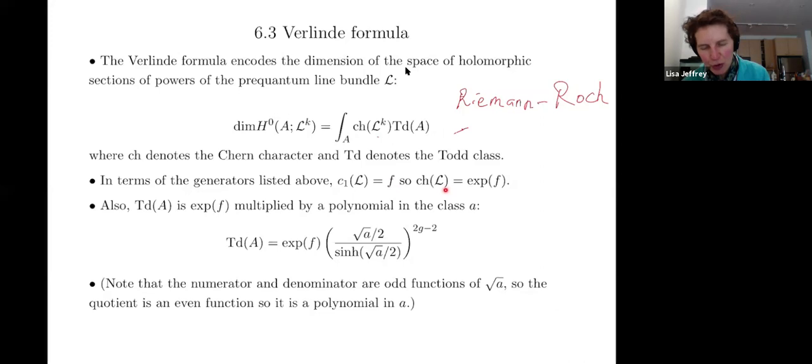And so the Chern character is exponential of F. The Todd class of A is exponential of F multiplied by a polynomial in the class A. This polynomial is written in terms of the square root of A, but remember that both the numerator and denominator of this function are odd functions of the variable square root of A, so their quotient is an even function, so it's in fact a polynomial in A. And if you write out the Taylor series of this function, you will note that the first terms in the Taylor series of the numerator and the denominator are both in this variable, so fine.